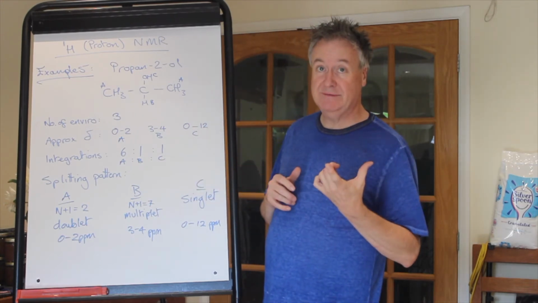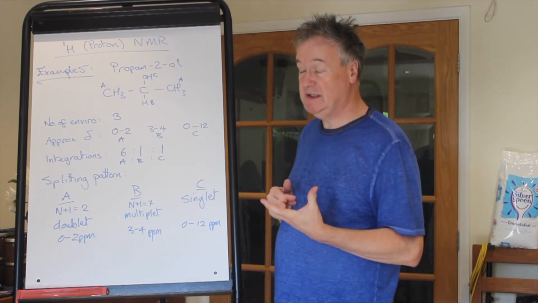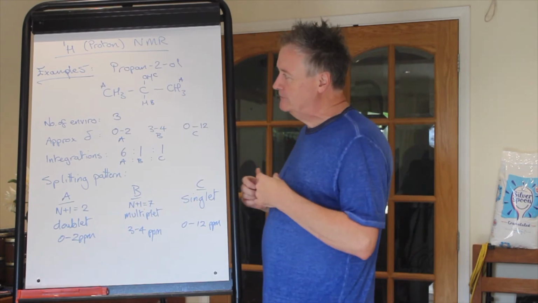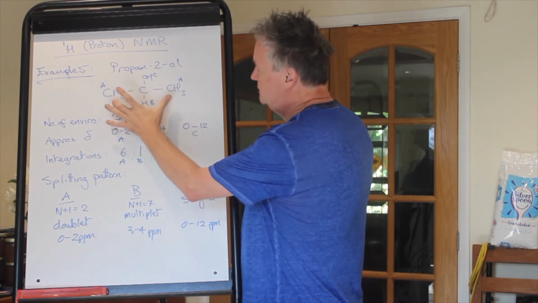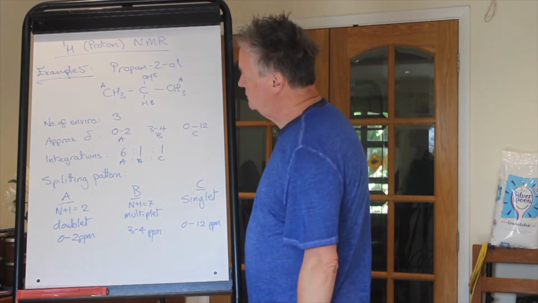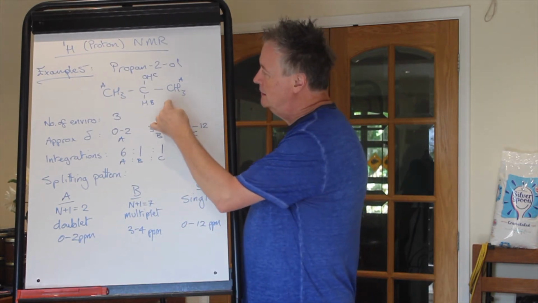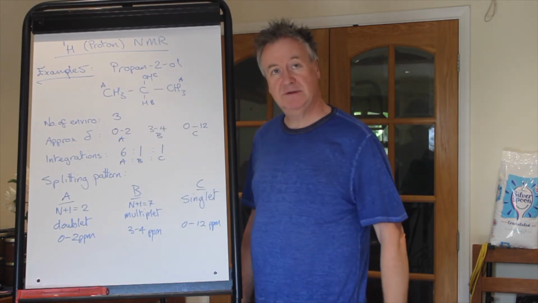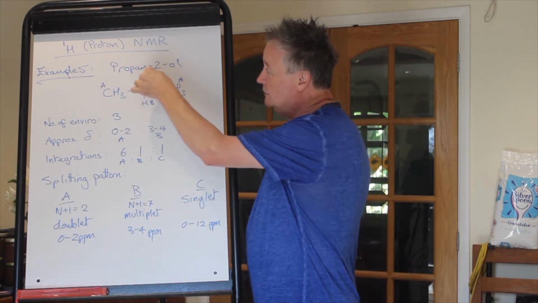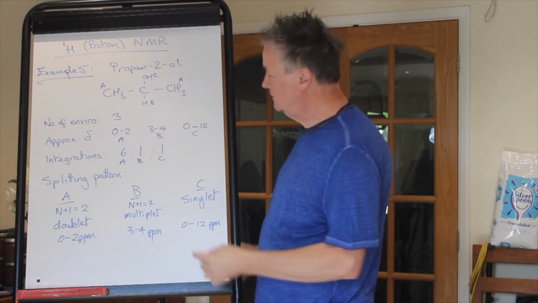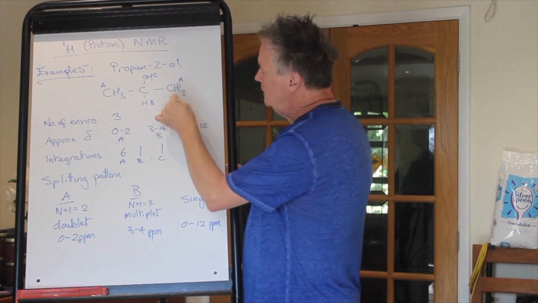Splitting pattern, which is of course particularly the new thing with this. So when you look at the CH3s on the end, hydrogen labelled A, there's only 1 adjacent hydrogen on the centre. It won't couple at all up through the oxygen, as we said before.